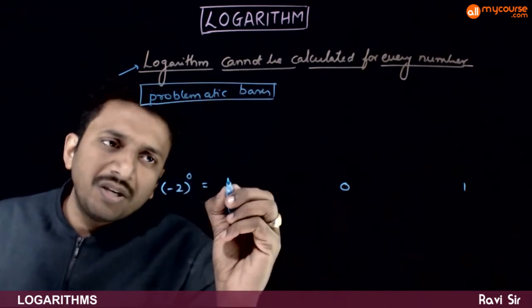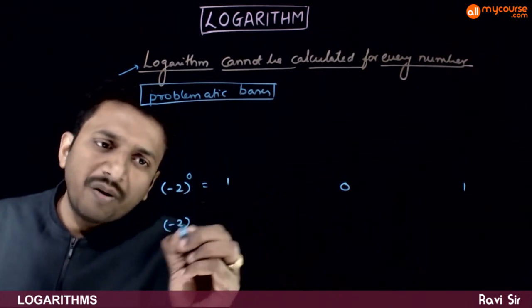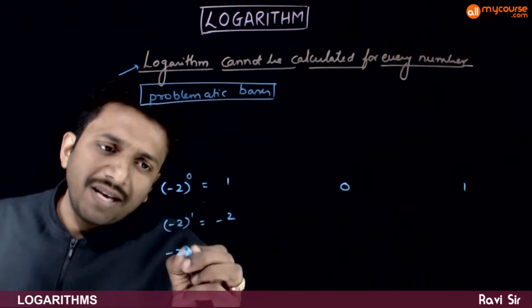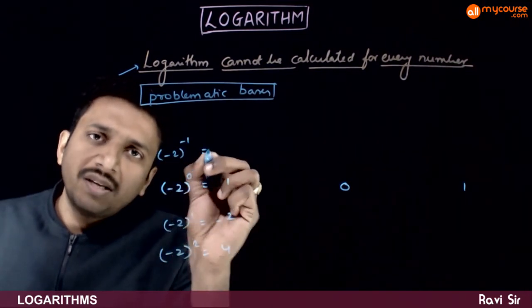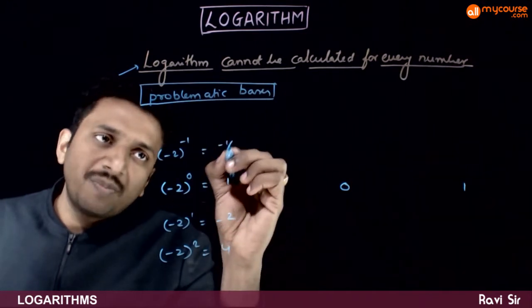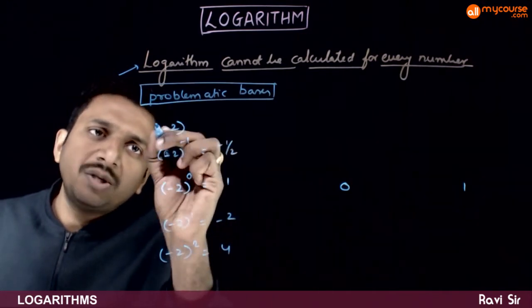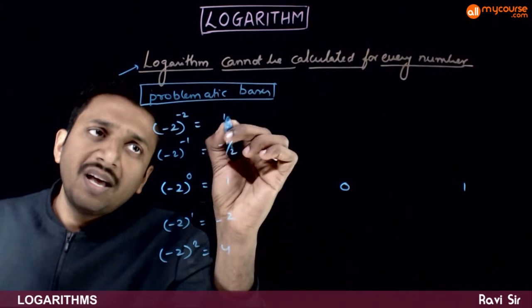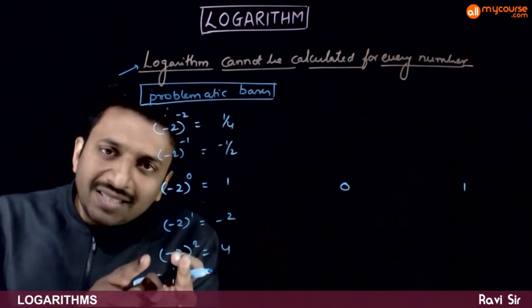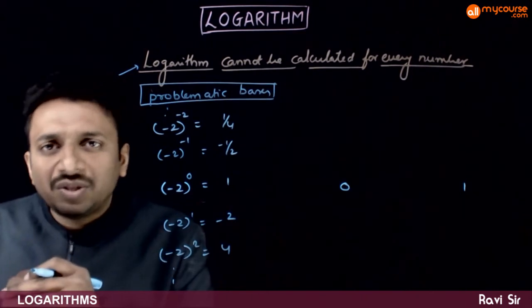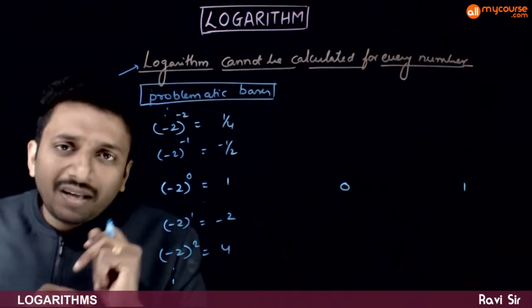So minus 2 power 0 is 1, minus 2 power 1 is minus 2, minus 2 whole square is 4, minus 2 power minus 1 is 1 by minus 2, which is minus 1 by 2, minus 2 to the power minus 2 is plus 1 by 4, and so on. So when you raise a negative number to an integral power, there is no problem.